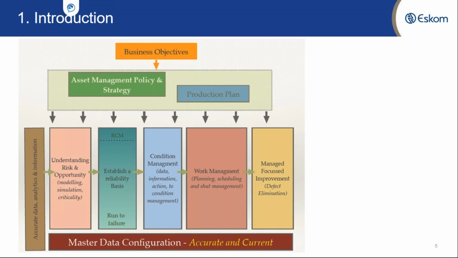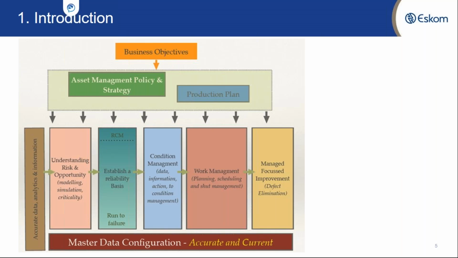Maintenance has a cycle, and this picture by Graham provides a good summary of what is involved when it comes to doing maintenance. On top of this model, we can see that it all starts with the business objectives, which inform what happens in the asset management space. Then the asset management policy and strategy give direction to the maintenance cycle, while the production plan indicates that there is a strong link between operations and maintenance.